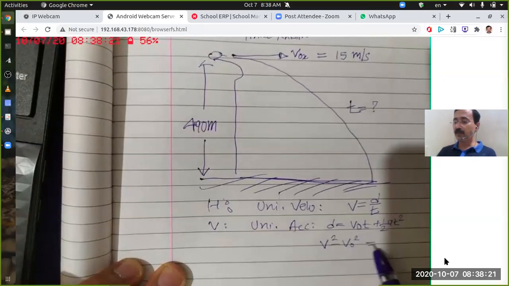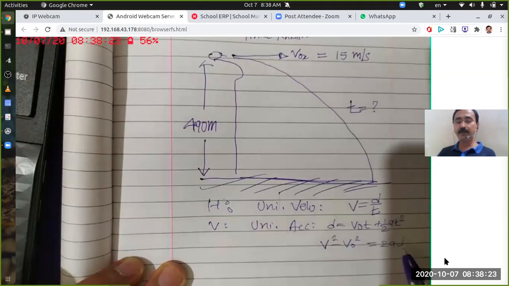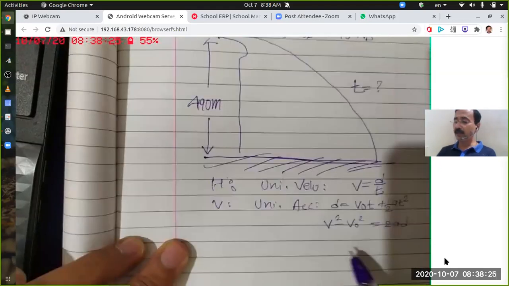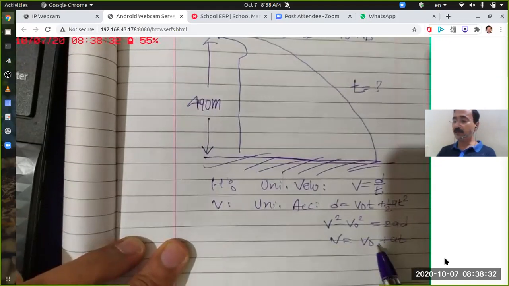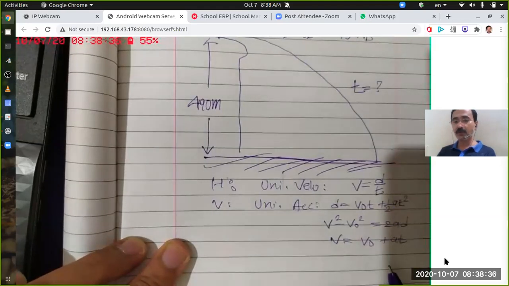This is the second formula, and this is the third formula. If you are interested in finding time t out of these four, which is suitable?